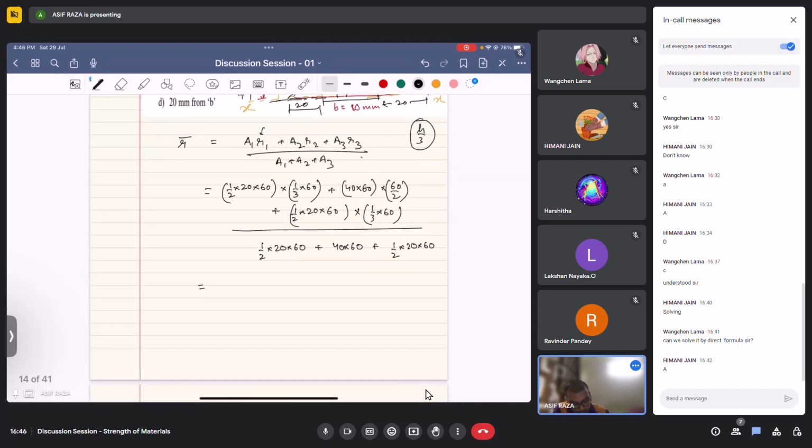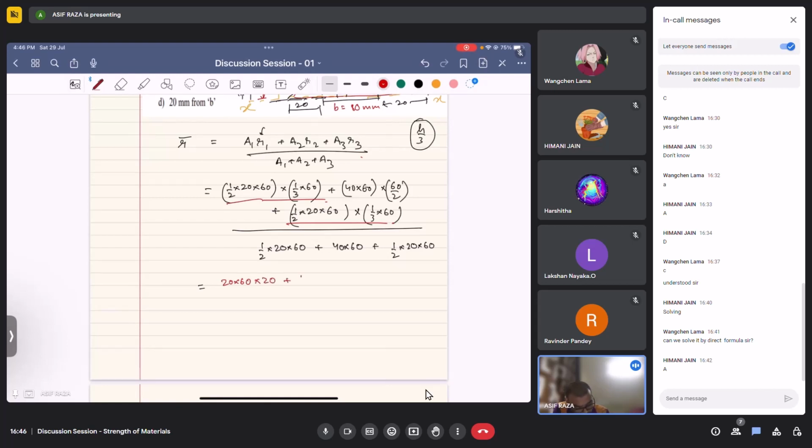So okay, let's try to make it as a common thing. Since this and this are having a common factor, this becomes twice and twice, so half gets cancelled. So I can write 20 into 60, one third of 60 is 20, right?